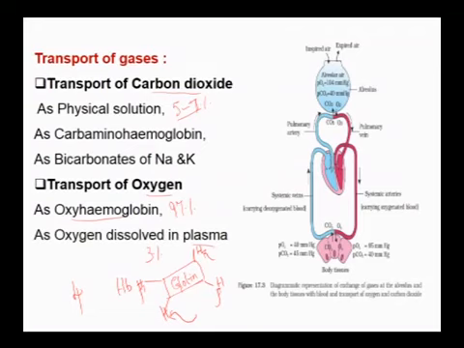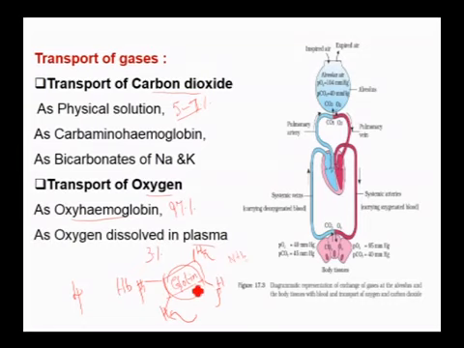Next, carbon dioxide binds with the hemoglobin and is transported. See, hemoglobin transports oxygen as well as carbon dioxide. Now the question is, where will it attach the carbon dioxide? Actually, hemoglobin has the proteinaceous part globin. When I say protein part, it usually will have the amino group.